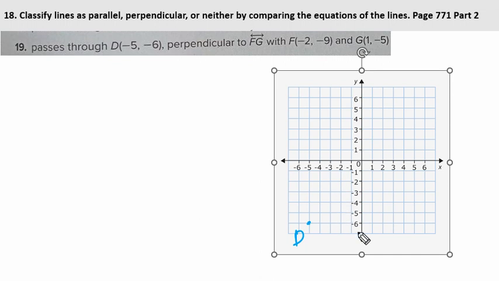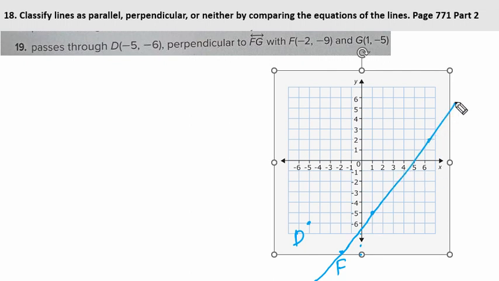So that will be -7, -8, -9, somewhere around here. There is point F. G is (1, -5): x is 1 and y is -5, somewhere around here. If I draw a rough graph here, it will be something like this, because from left to right it is going up.